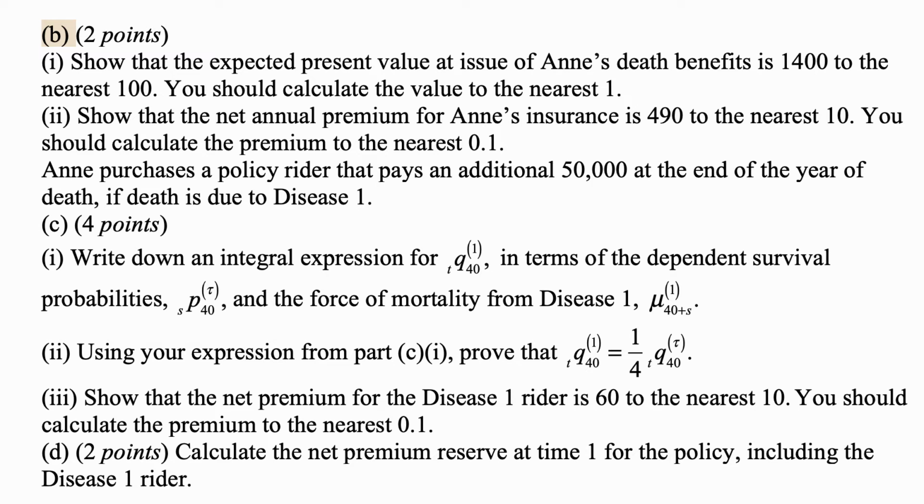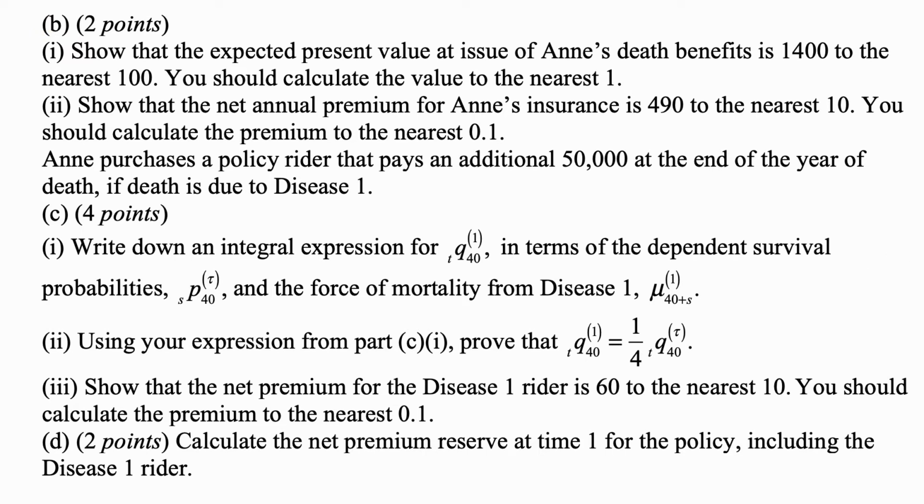Part D, calculate the net premium reserve at time 1 for the policy, including the disease 1 rider. Just note that when we talk about this disease 1 rider, this refers to the statement before Part C, which says Anne purchases a policy rider that pays an additional $50,000 at the end of the year of death if death is due to disease 1.